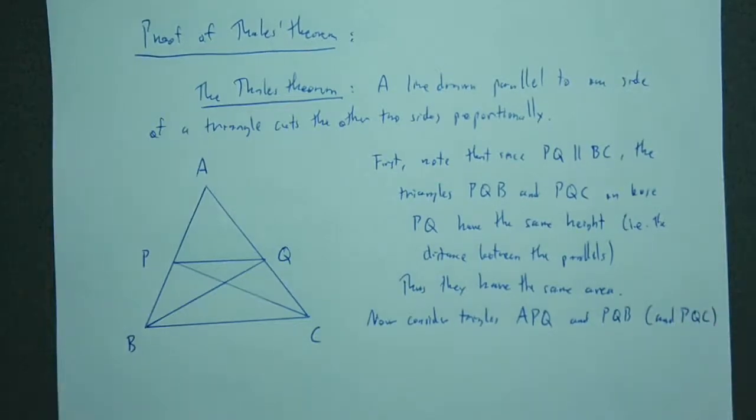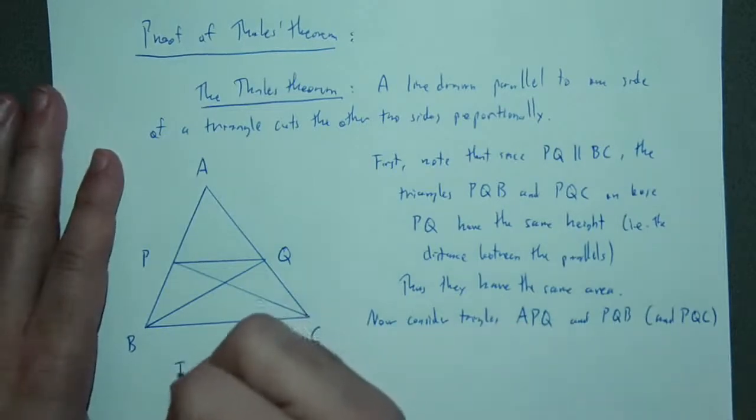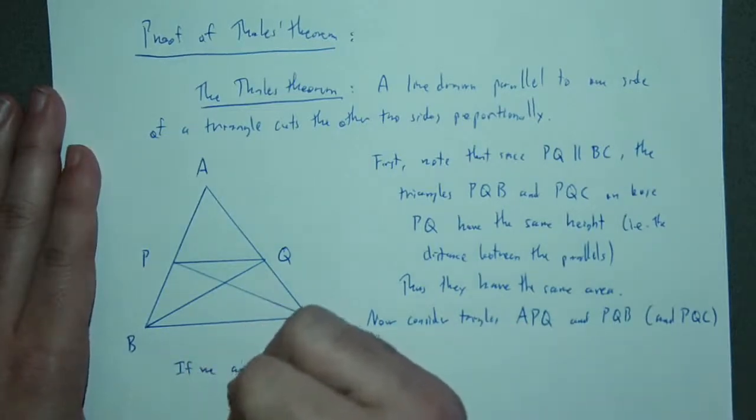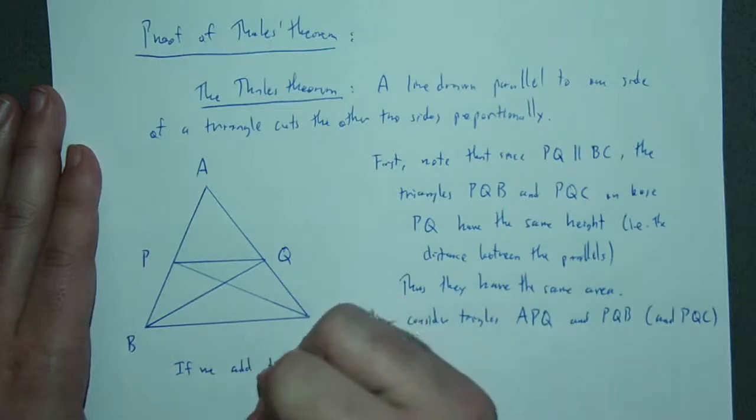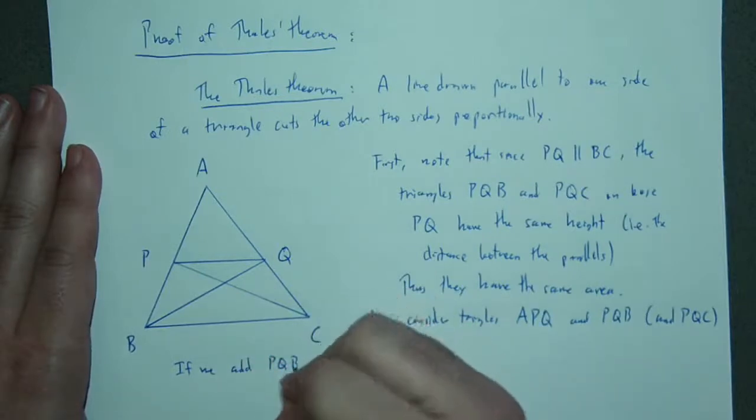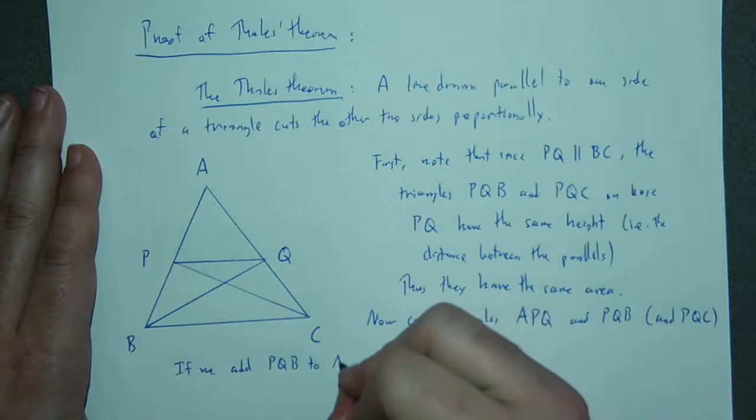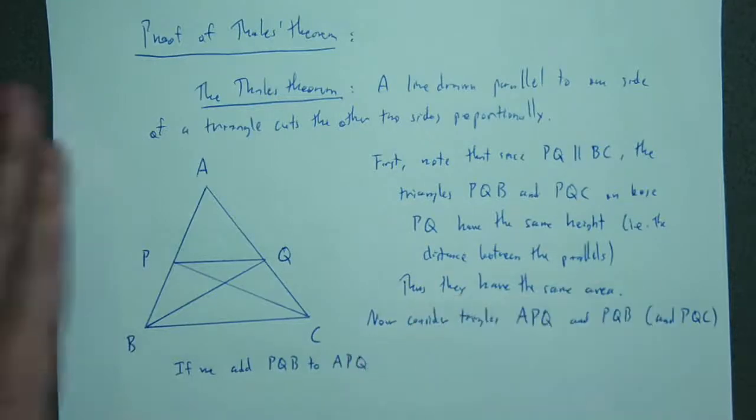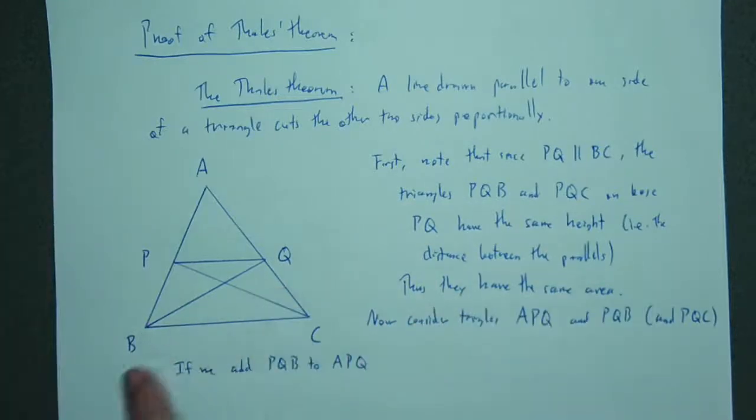Okay, but I'm going to do this one at a time. Okay. All right. So if we add PQB to APQ, so if we add triangle PQB to APQ, we get the triangle AQB.